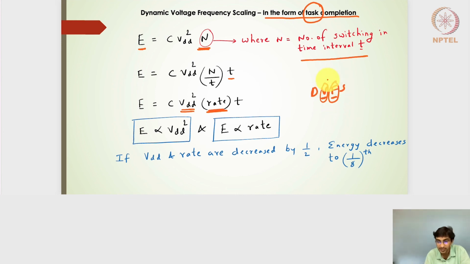Here, instead of the clock frequency, we are introducing a new term called the rate of switching: the number of times the output node switches from 0 to 1, divided by the duration of interest. So the energy is now directly proportional to the square of VDD and directly proportional to the rate of switching. If VDD and the rate are decreased by half, then I know that the energy decreases to 1/8.